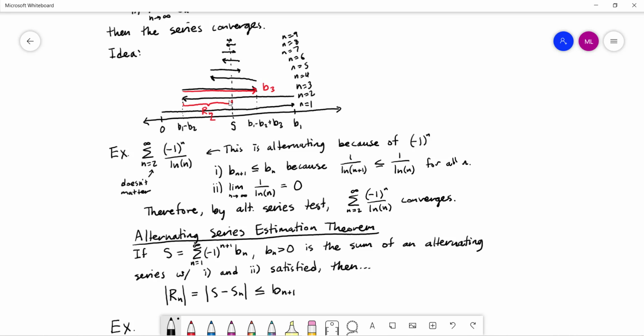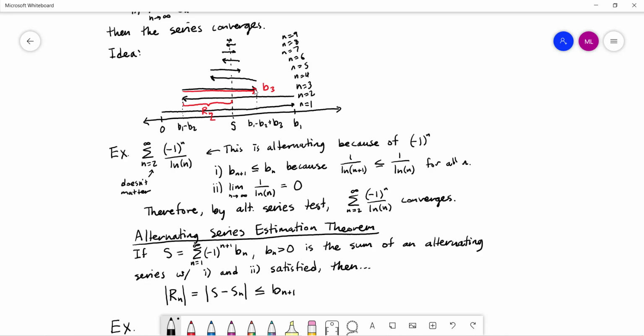The amount that we're off by after the sum of the first 2 terms, which is this distance here, that's the residual, and it has to be less than the magnitude of the next arrow that we would add as we go back and forth. The length of this first arrow was b1. Then from that I subtracted b2. Then we added b3. Then I'll subtract b4.